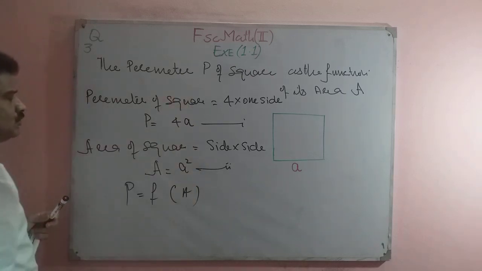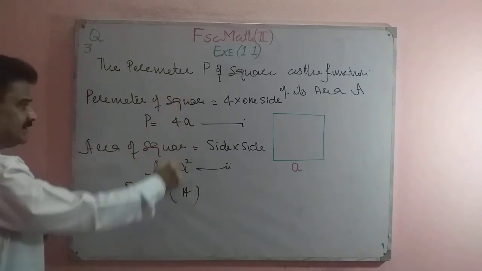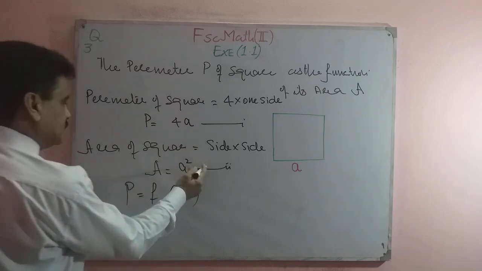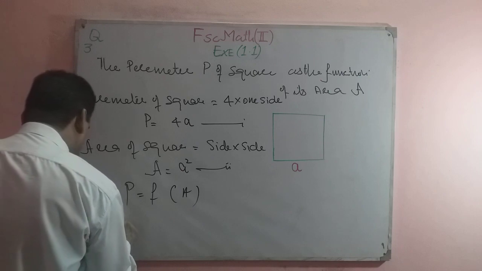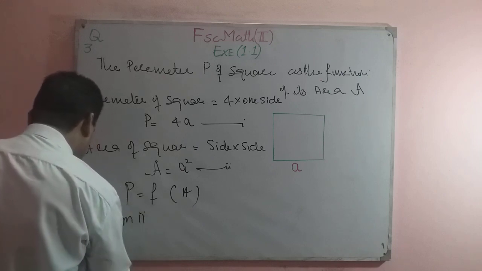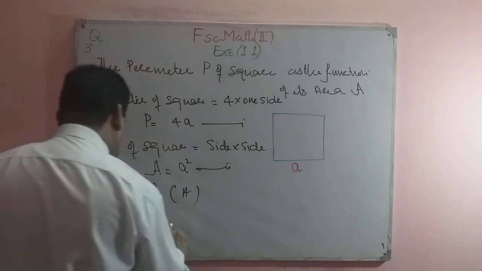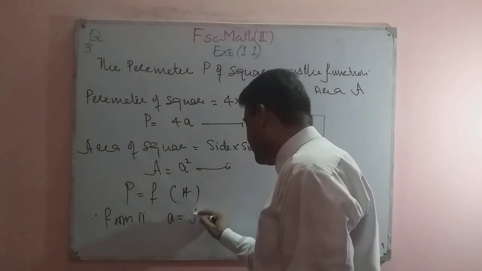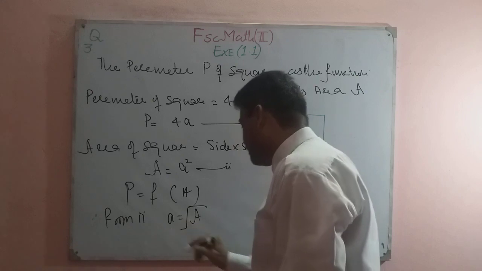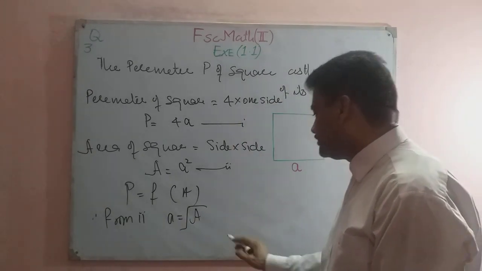From relations 1 and 2, we just have to eliminate a. From equation 2, the value of small a is equal to under root A. Put it in relation 1.